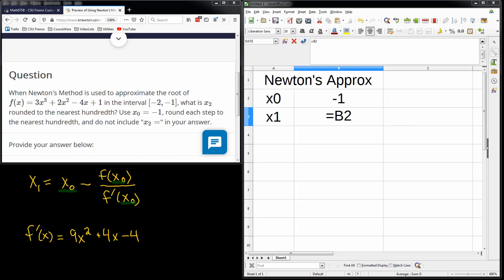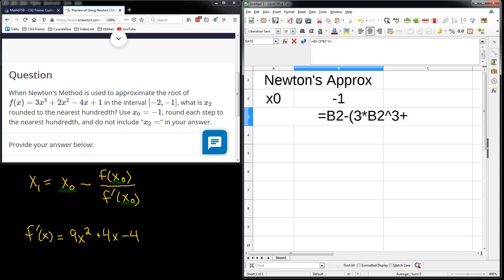So we got a B2. And then the formula says now we have to subtract. So I'm going to subtract, and then in the numerator I have f of x0. Let's look up here: what's the formula for f? It's going to be 3 multiplied by x0, but again, instead of x0, I type in B2, and then I raise that to the third power.